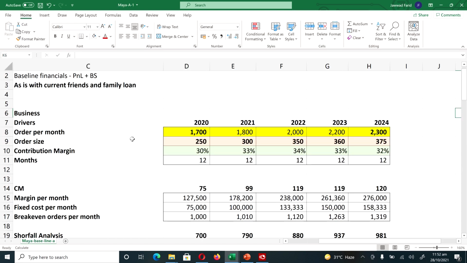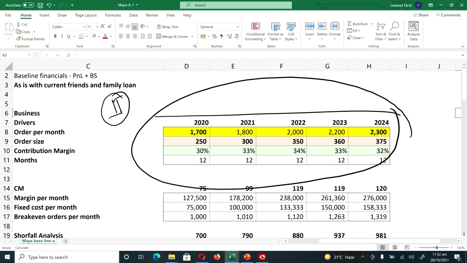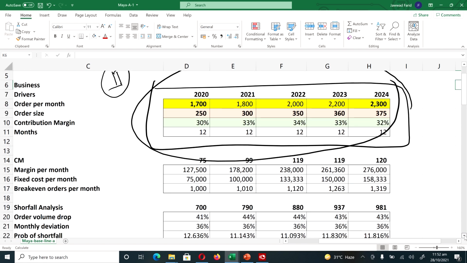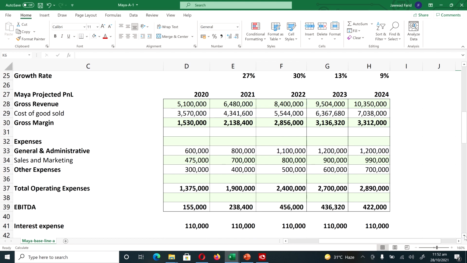Model number two for Maya is a more complex model. While model number one focused on just a single year of sales, model number two focuses on 5 years of sales. It then uses the same sales funnel, which gives you a set of orders and a predicted order size, takes that input and converts that into a full-blown P&L, a profit and loss statement for Maya.